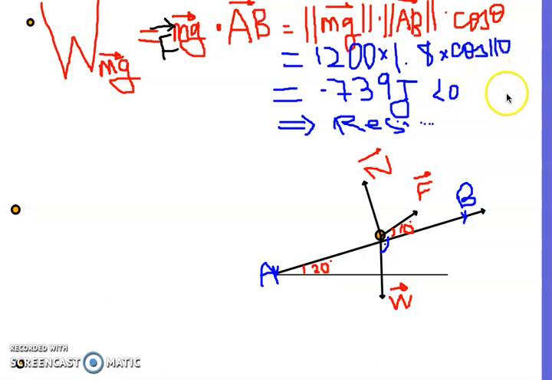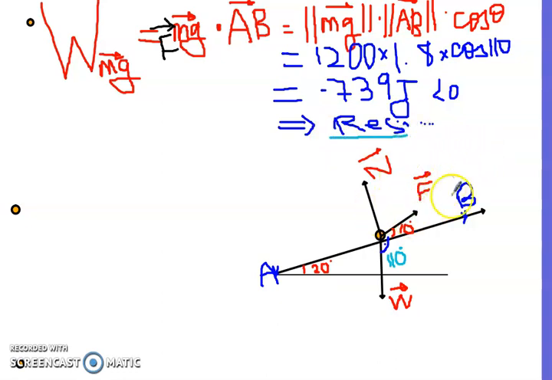Now we need the angle between the displacement vector AB and the weight. It is very easy to verify that this angle is 110 degrees. Cosine 110, so you do the calculation, it is minus 739 joules. Now it is negative, which means this is resistive work. Okay, it is resistive.